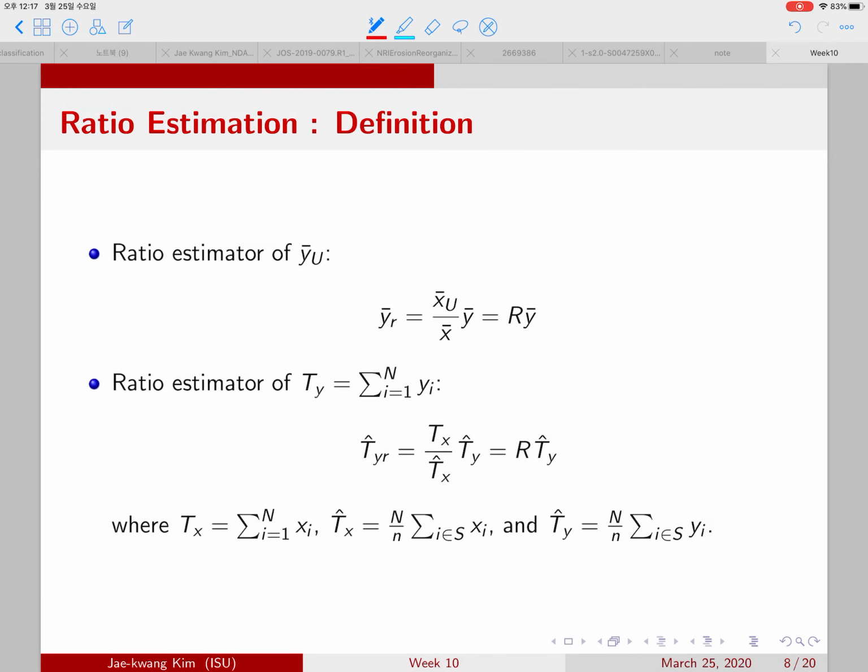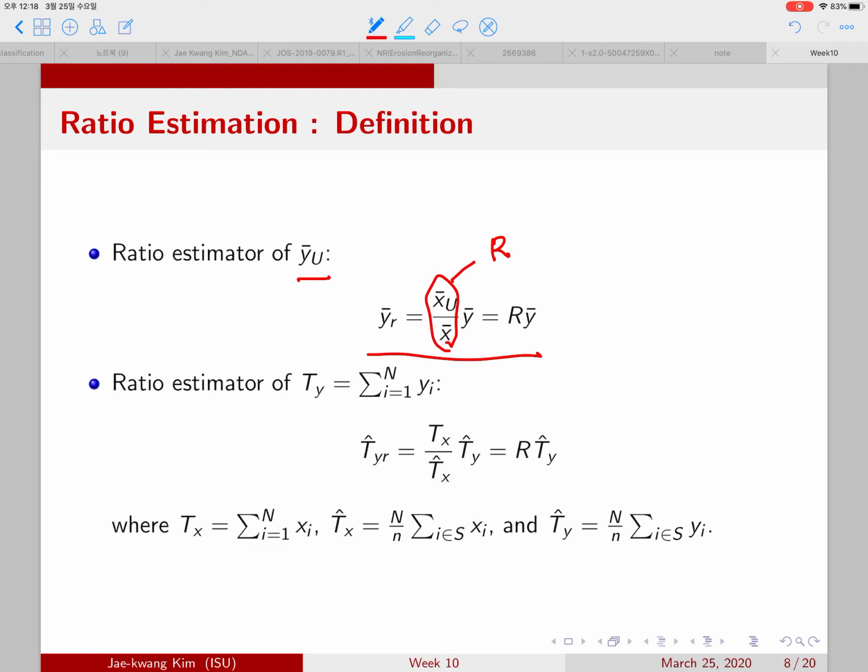We can use the ratio estimator to estimate the population mean or population total. For the mean estimation, we use this formula, and this is R. R is the ratio. We can call it the ratio factor. For total estimation, we apply the same ratio.